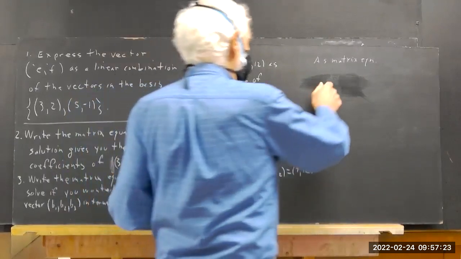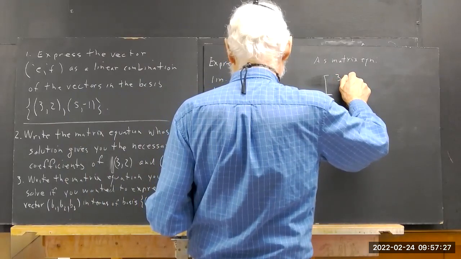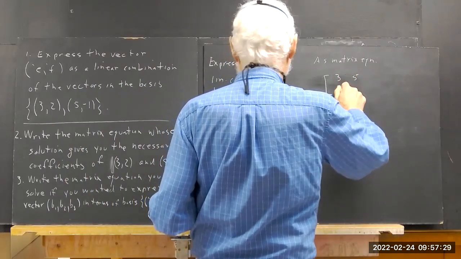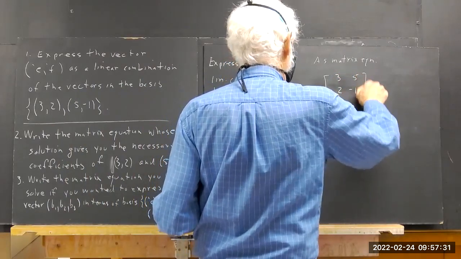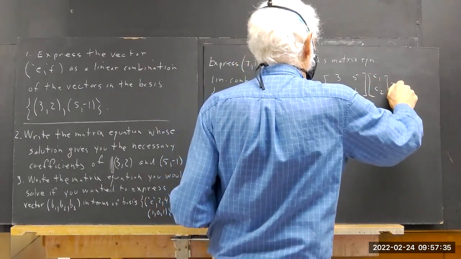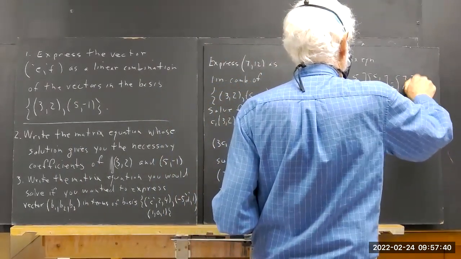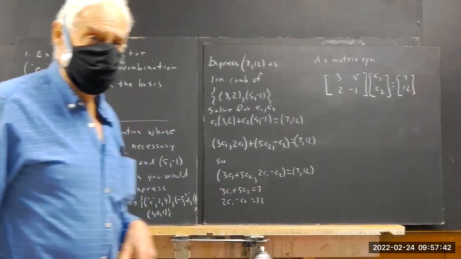Okay, so anyhow, this becomes the matrix equation 3, 5, 2, negative 1 times C1, C2 equals 7, 12. Okay?